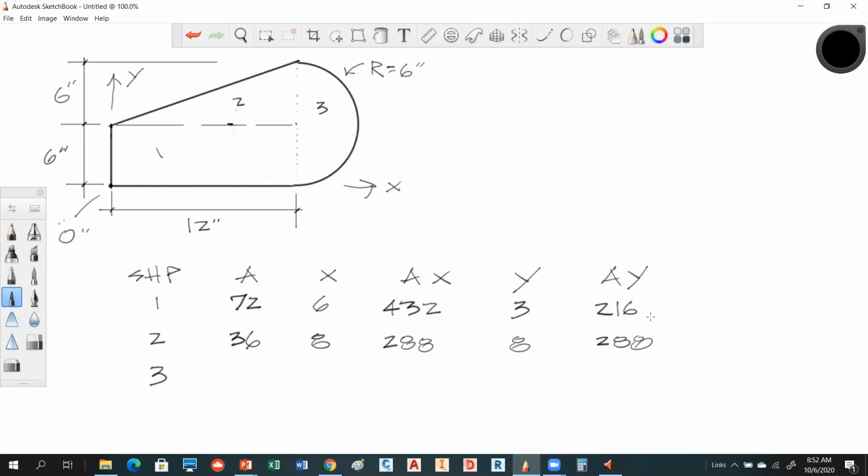So what's the area of a semicircle? So we would have pi r squared divided by 2, right? Yeah. Okay, so let's go ahead and calculate that, and you're going to get some rounding.